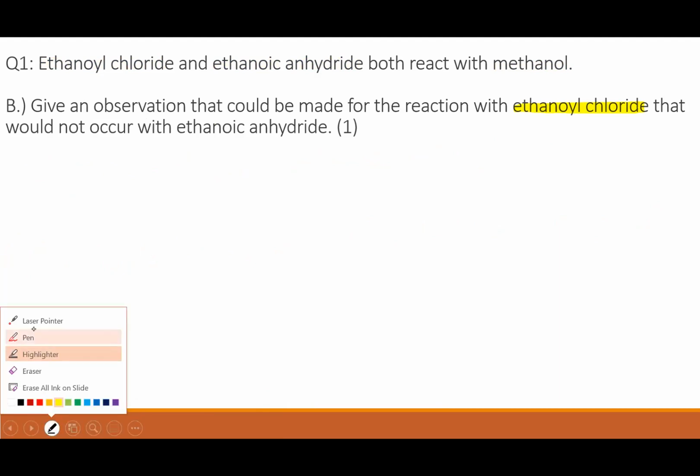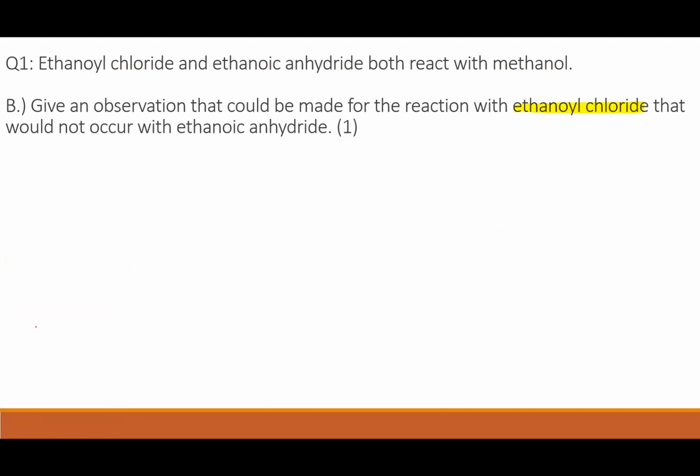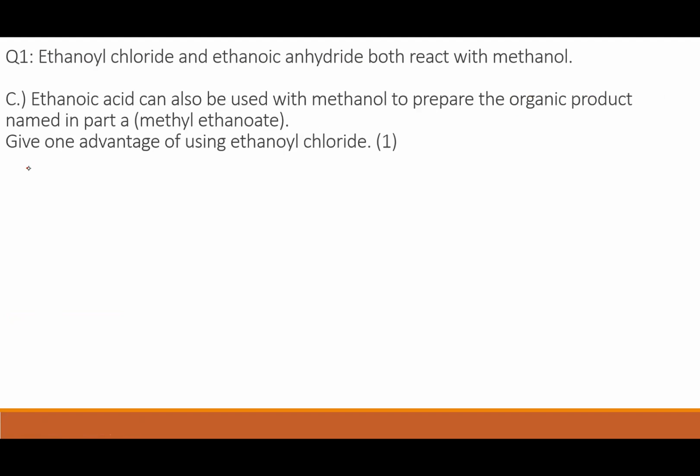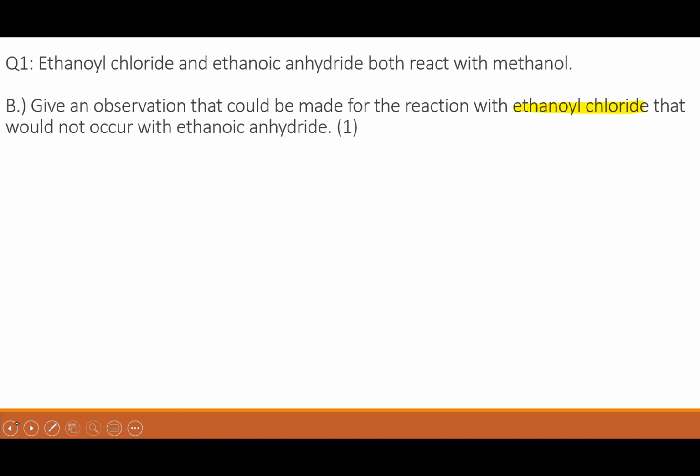We know that when acyl chlorides react, it's a more vigorous reaction. So we could say in this situation, a vigorous reaction, and that would get you a mark.